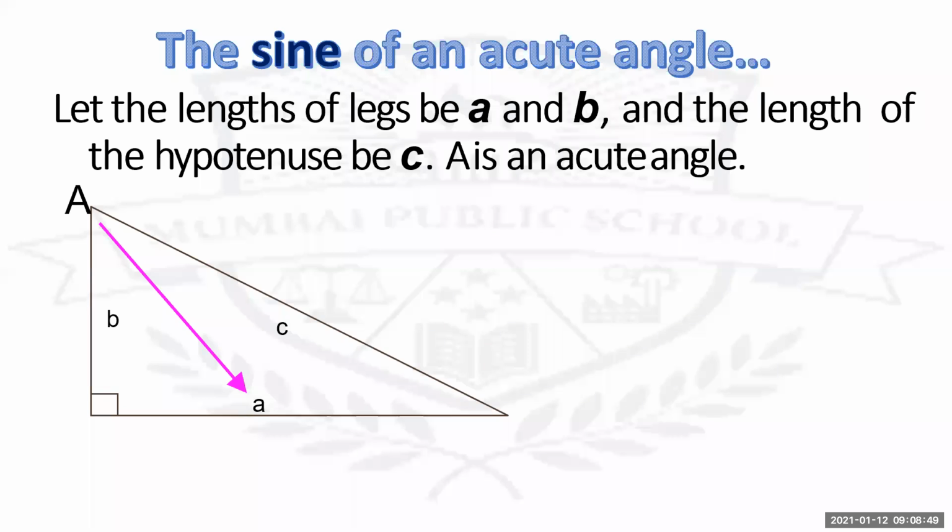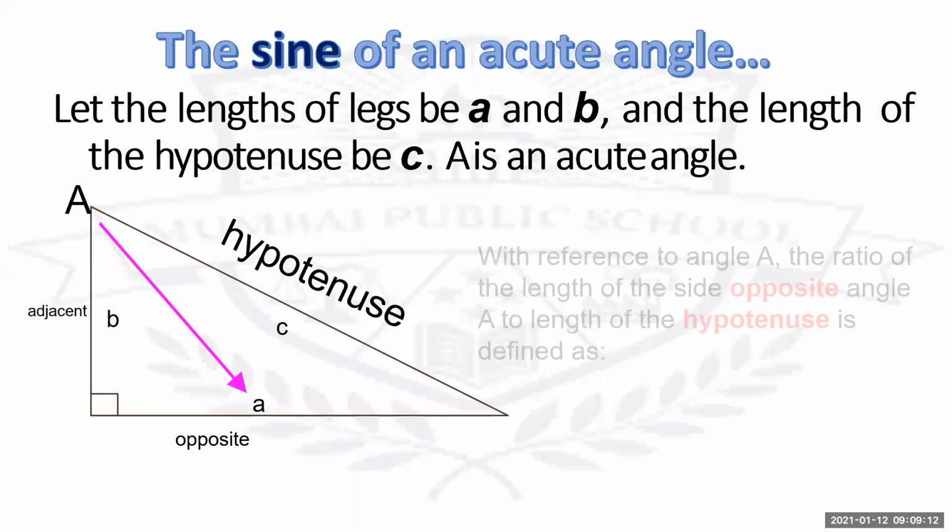If you go with that arrow, the side which is opposite to A is called the opposite side. The side next to angle A is called the adjacent side. And the side opposite to 90 degrees is called the hypotenuse. So identifying which side is the opposite side and which side is the adjacent side is very important here.